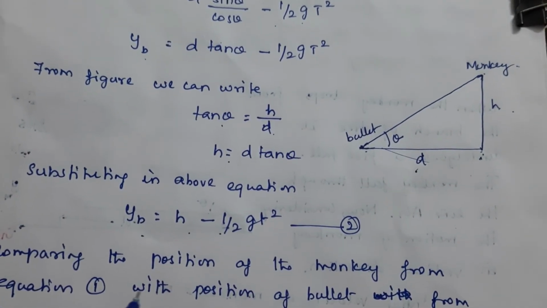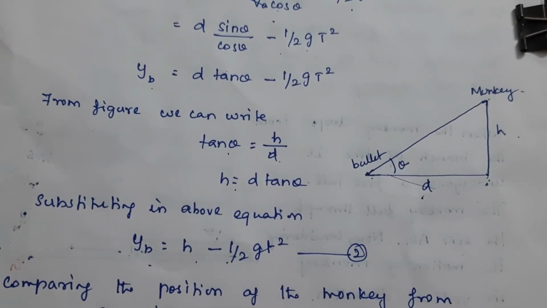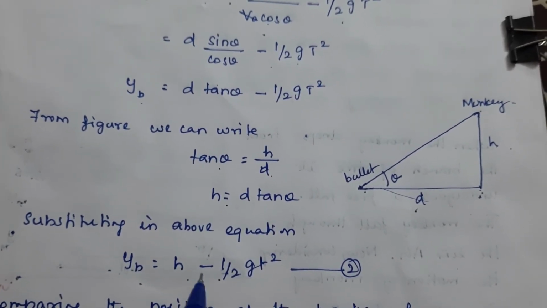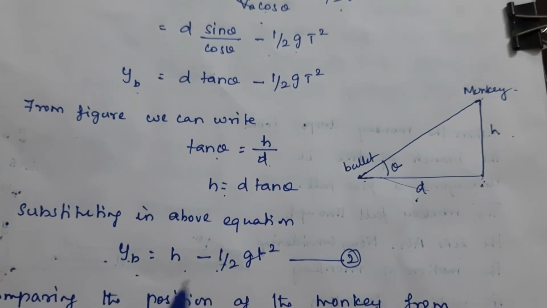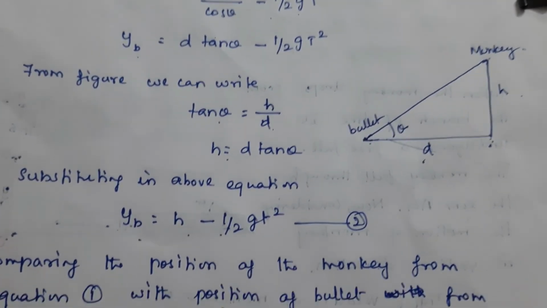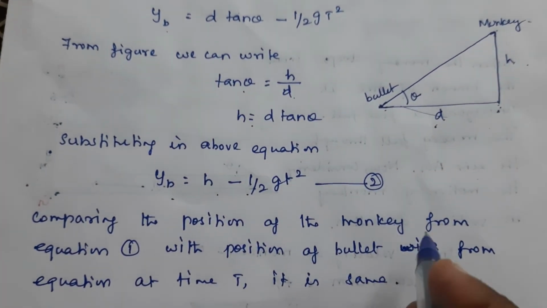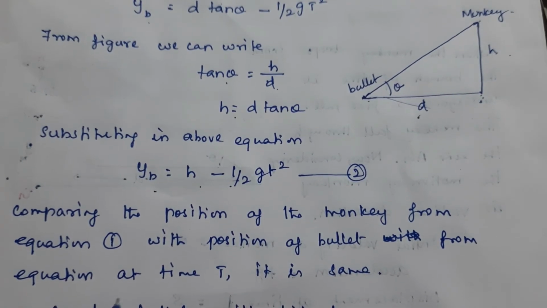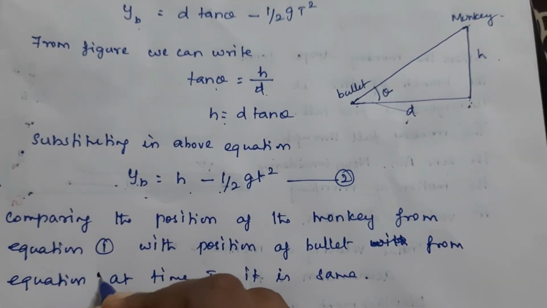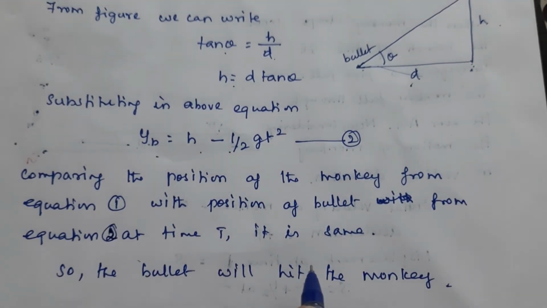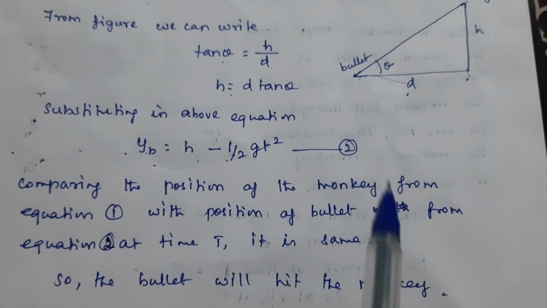Already, the equation I got for the position of the monkey is ym is equal to h minus half gt square. So this is also yb is equal to h minus half gt square. Comparing the position of the monkey from equation 1 with the position of the bullet from equation 2 at the same time, we can see the position is the same.